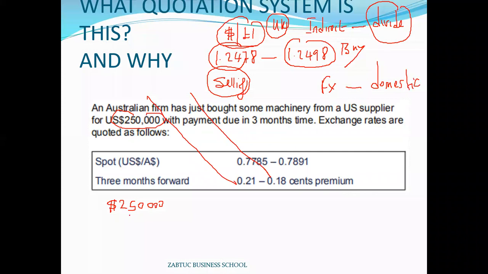So like in the UK, the bank is buying this amount from one customer. They'll use a higher rate, 1.2498. That's the rate they'll use. Somebody help me with the answer.